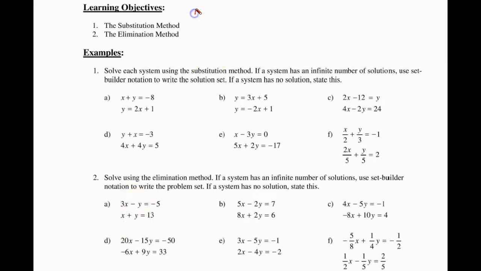In elimination, what we do is we write the first equation as the number 1: 3x minus y equals negative 5. Then we write the second equation right underneath it, which is x plus y equals 13.